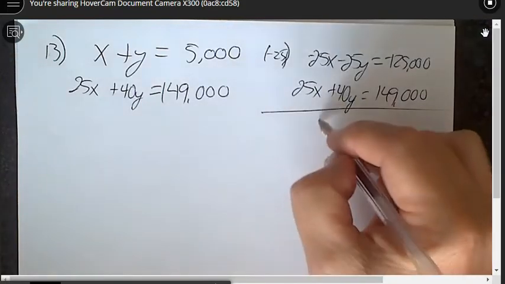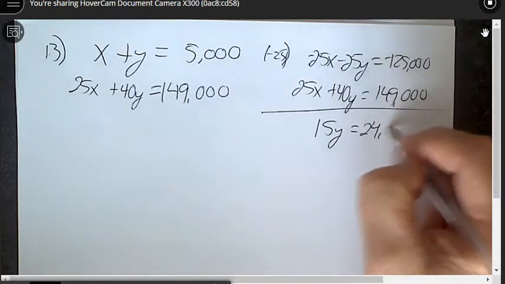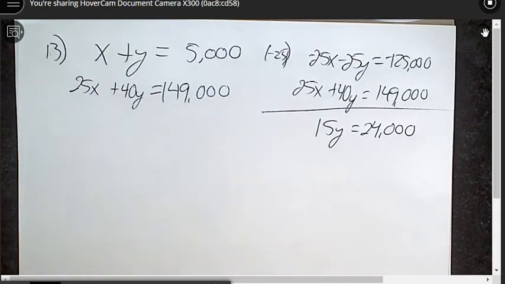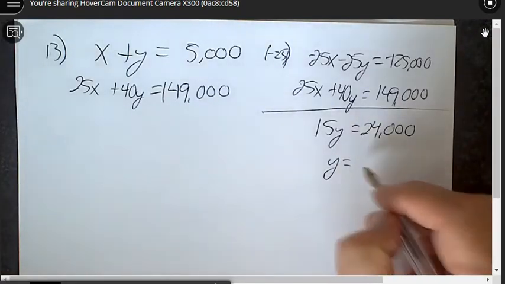So that would get you 15y equals 24,000. And dividing that 24,000 by 15, that gives the y value of 1,600.